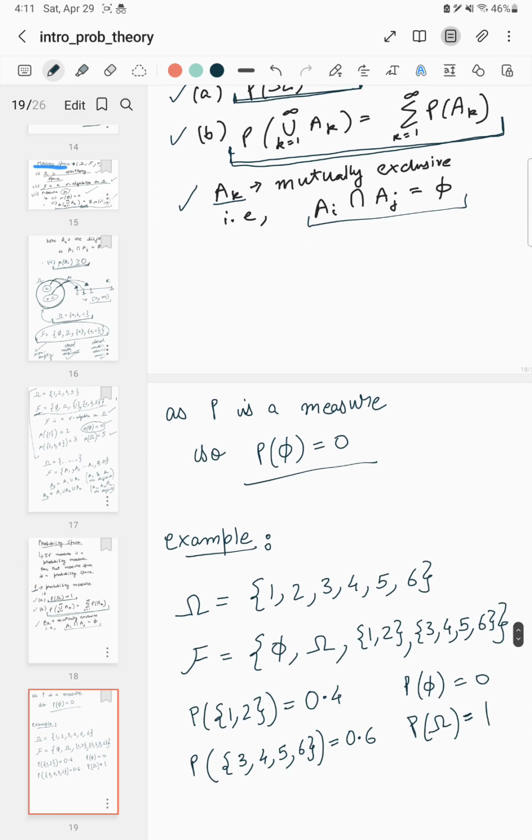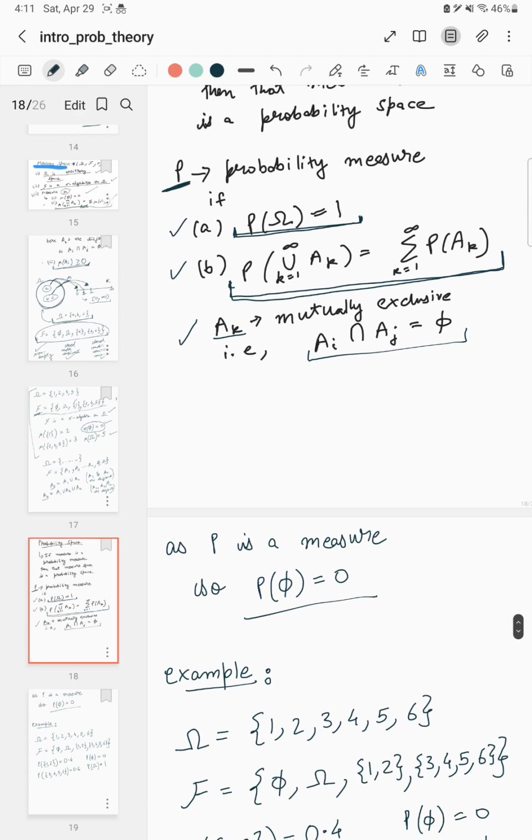So let's see the physical representation of probability space. Let's say this is a sample space omega. There are a few elements inside the sigma algebra F. Let's call them A1, A2, A3.